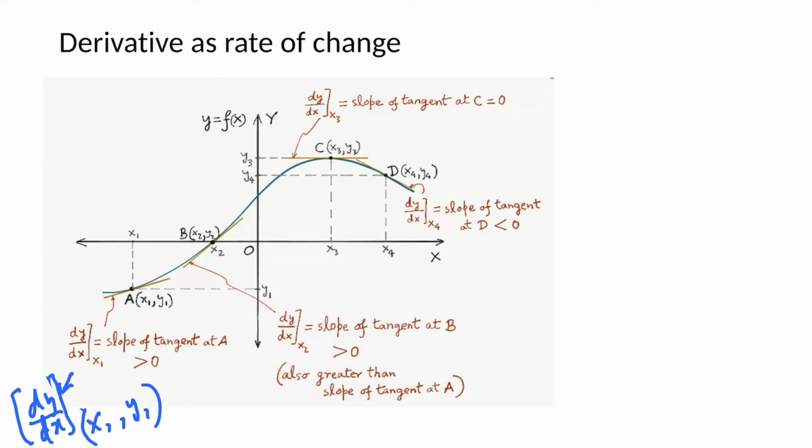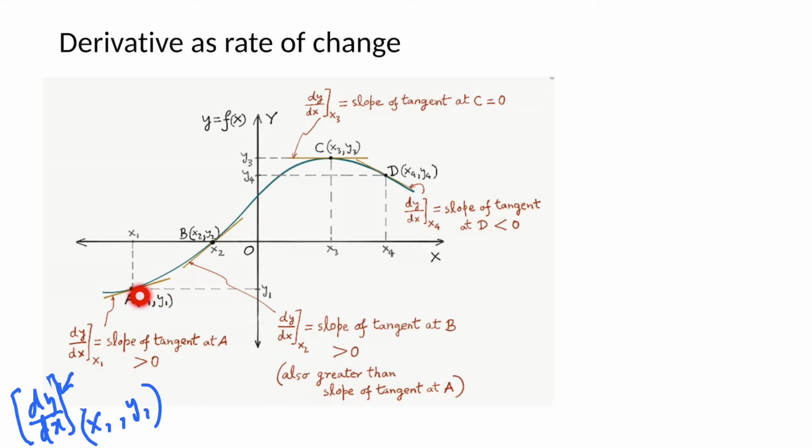So what that would mean therefore is that as x increases by a very small quantity, y increases much more when we are at point B than when we are at point A.